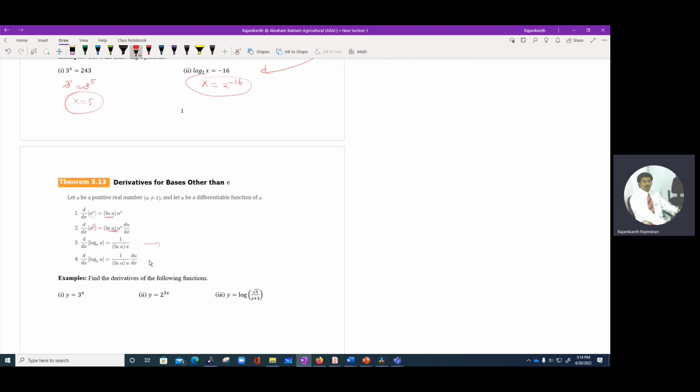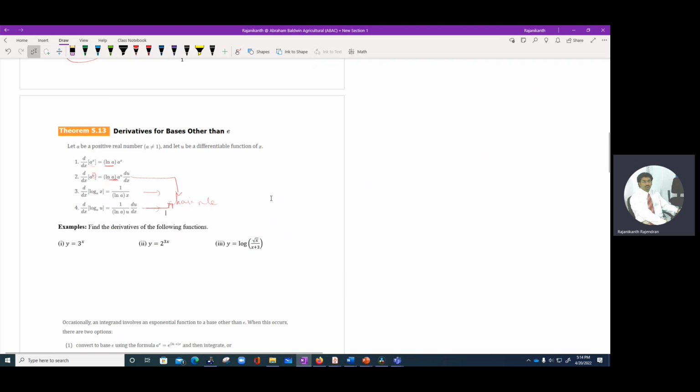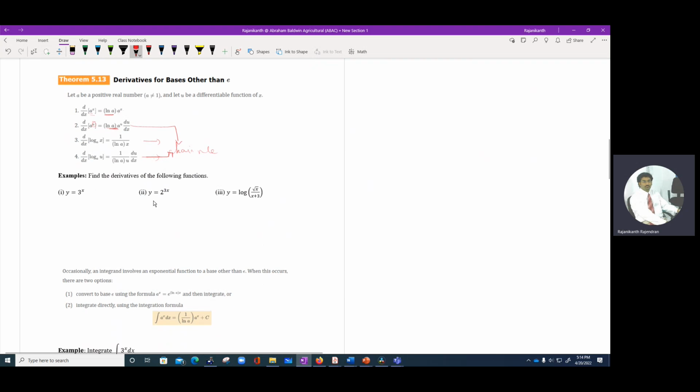So these two are basically coming from the chain rule. You see the variable u. Okay, so now by using all four properties, let us do this problem.